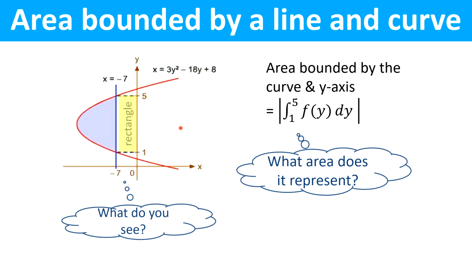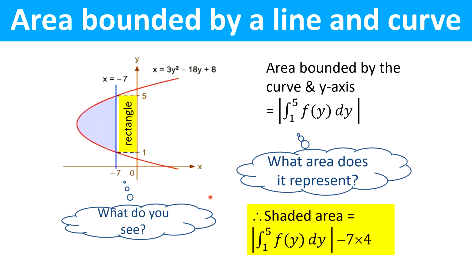Over here again, we do see that there is a rectangle. So to find the shaded area, I would need to find the definite integral and then minus the area of the rectangle, which is 7 times 4. So this will give us the answer.